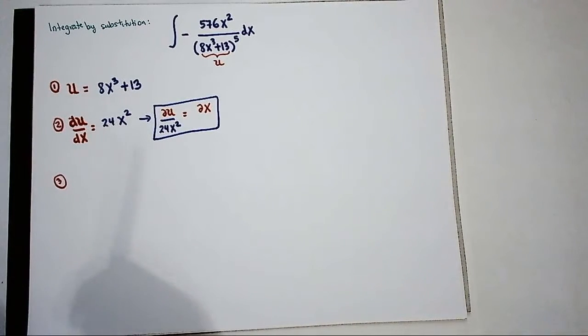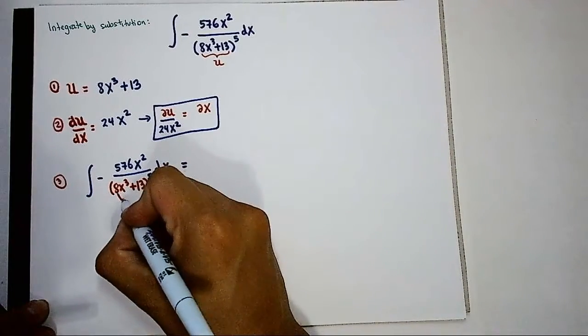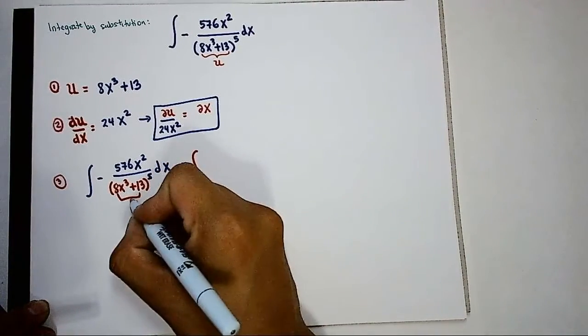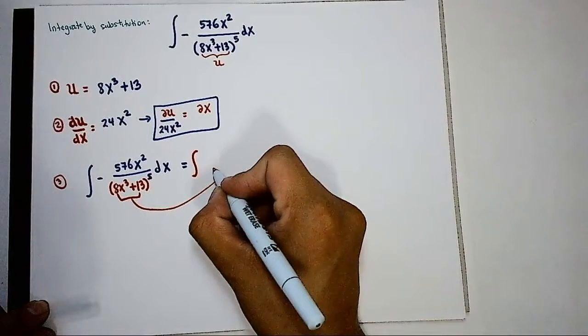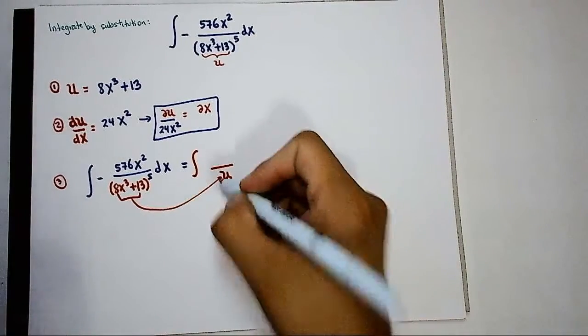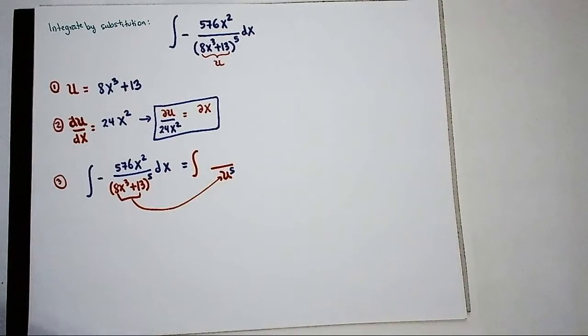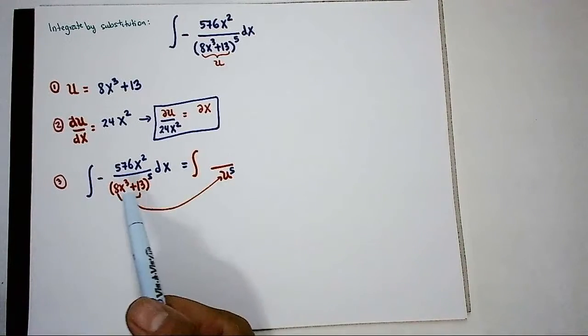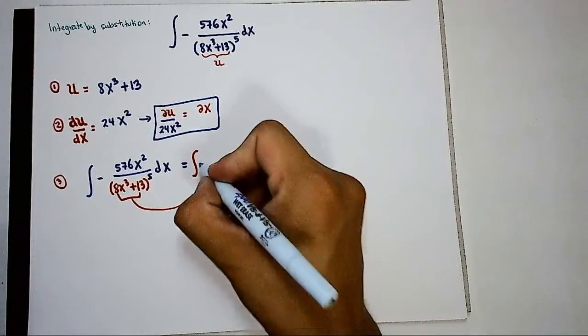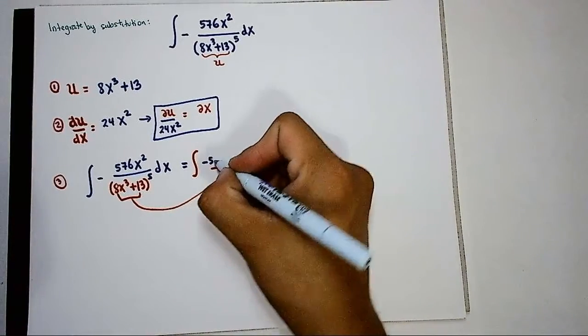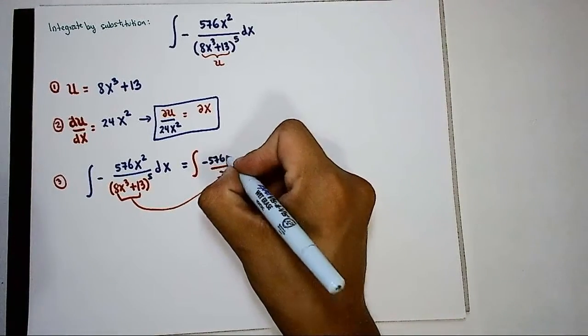Let's write first the original integral. First, note that this part is u to the fifth. In the numerator, we have minus 576x squared.